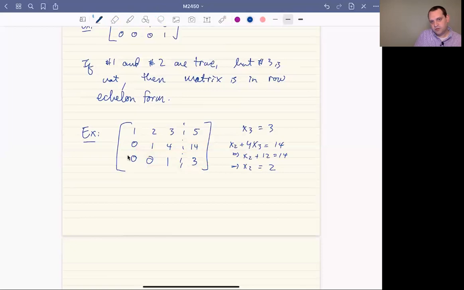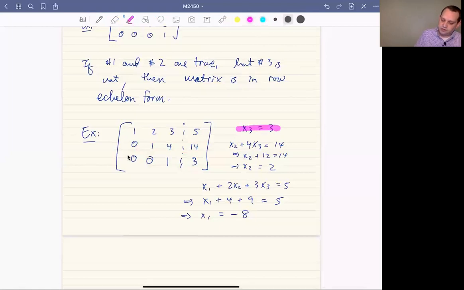And then if x2 is 2 and x3 is 3, the top equation, x1 plus 2x2 plus 3x3 being 5, tells you that x1 plus 4 plus 9 equals 5. So x1 is going to be -8. So there's your solution to the system: x3 is 3, x2 is 2, x1 is -8. And you didn't need the matrix to be in reduced row echelon form in order to solve the system. Row echelon form was good enough.